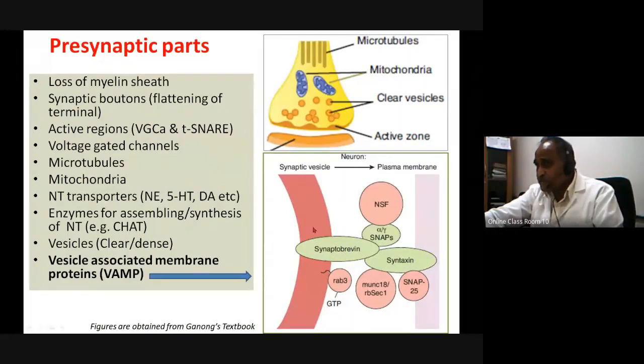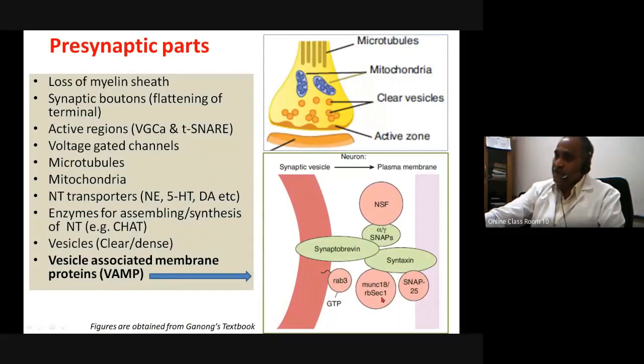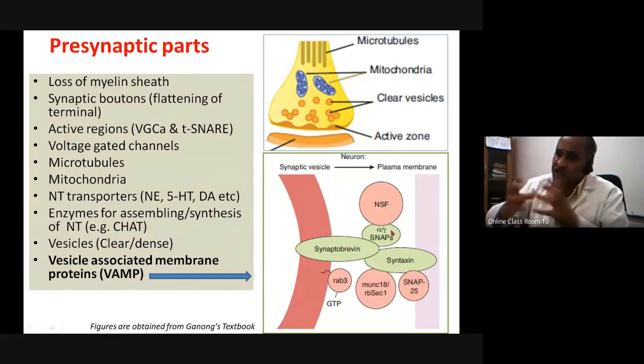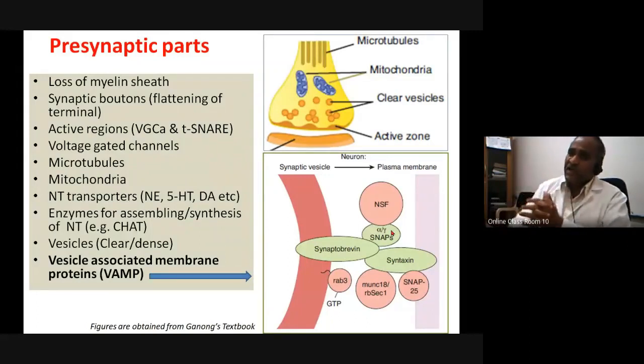The connectors between synaptobrevin and syntaxin are a number of proteins: NSF, SNAP alpha and gamma, and Munc18, Rb-Sec1, something like that. These proteins are connecting proteins for synaptobrevin and syntaxin. So we put them together as vesicle-associated membrane proteins.